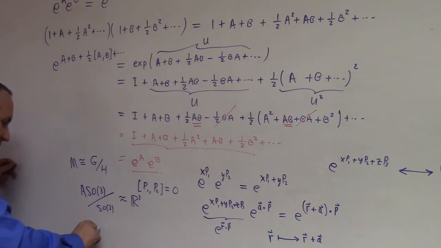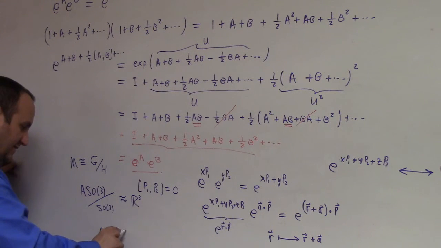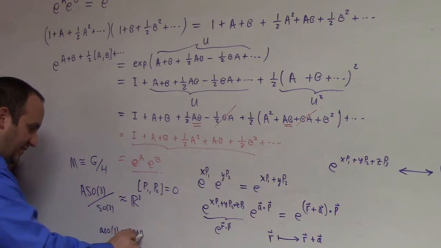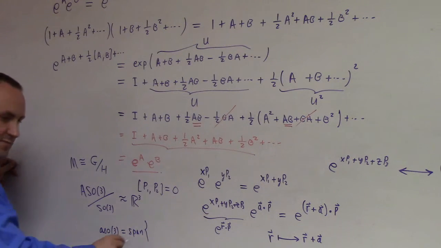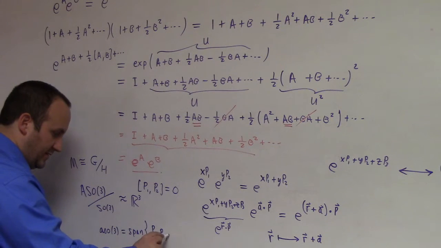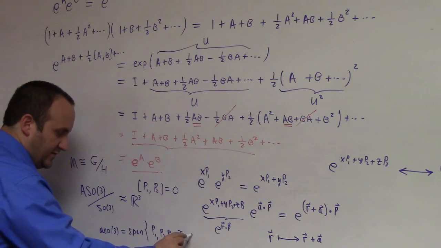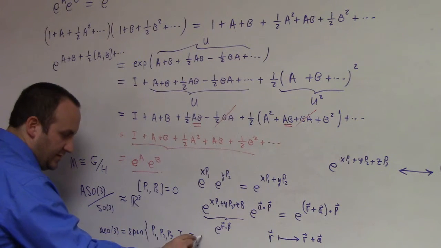Because little affine SO3 is the span of your translations, P1, P2, P3, and your rotation generators like J12, J23, J31.